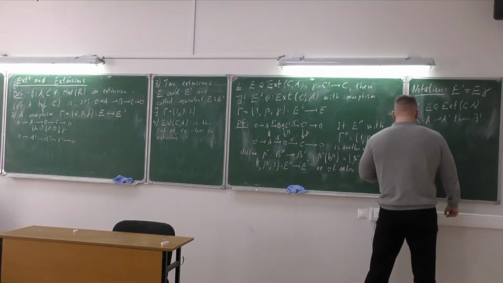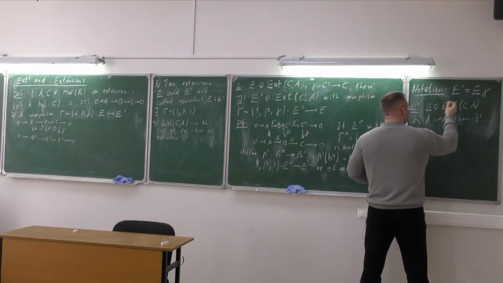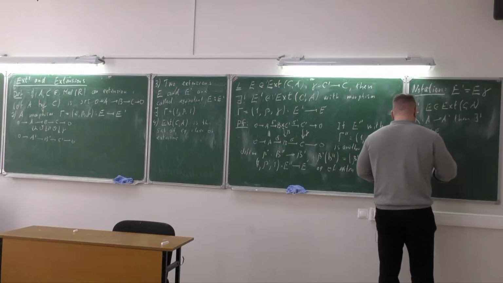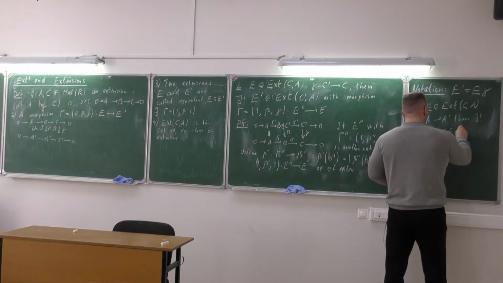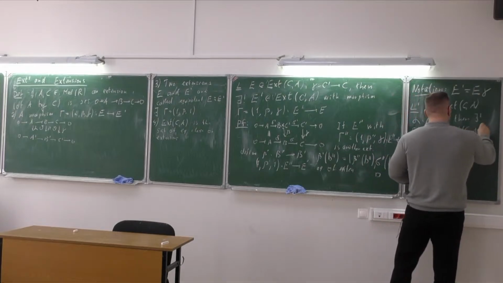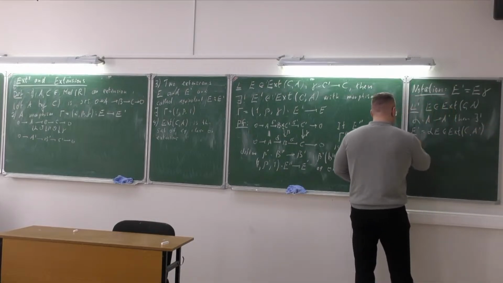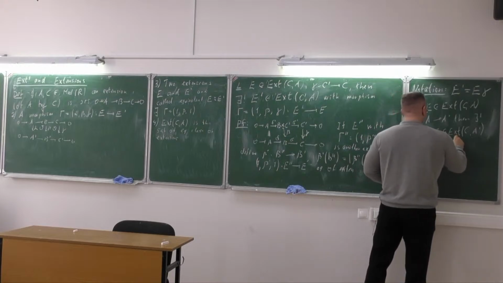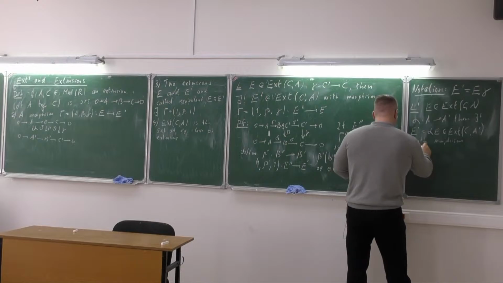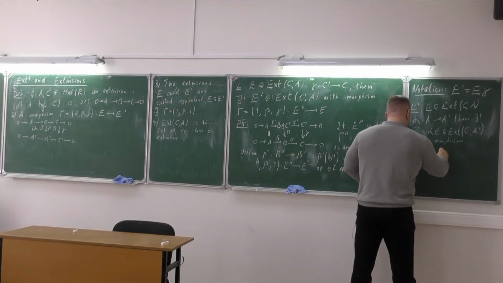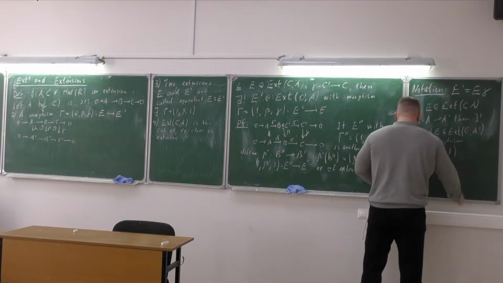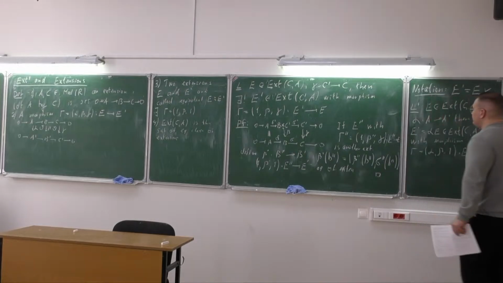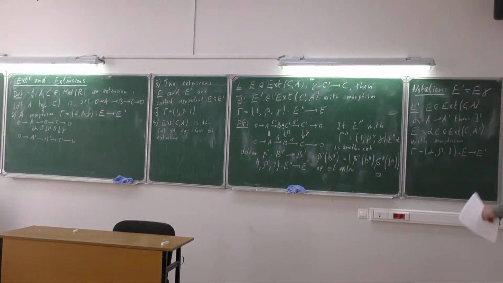In this case, I can also, using such notation, say that this is a product of alpha and E, which is an element in the Ext of C, A prime, with a morphism gamma, which has components alpha, some beta, and identity on the C. So it's more or less the same proof.